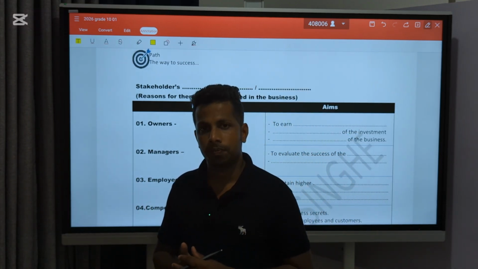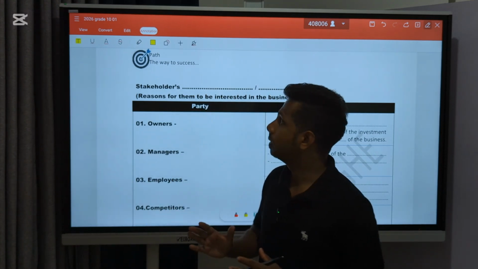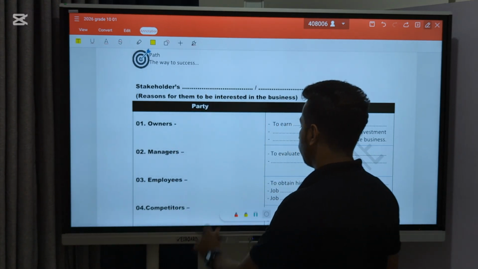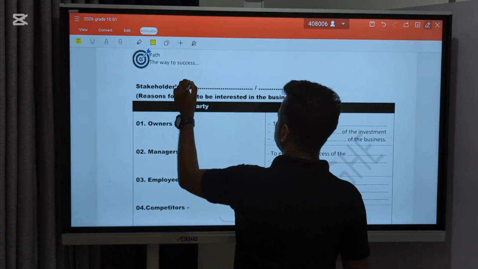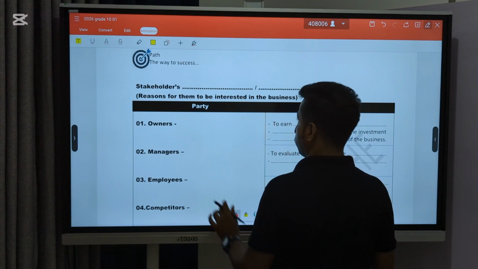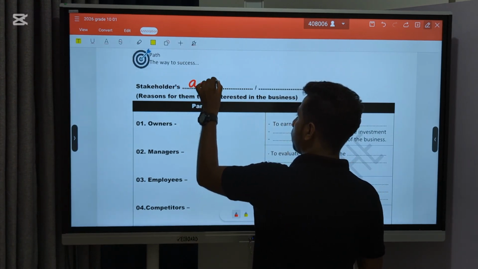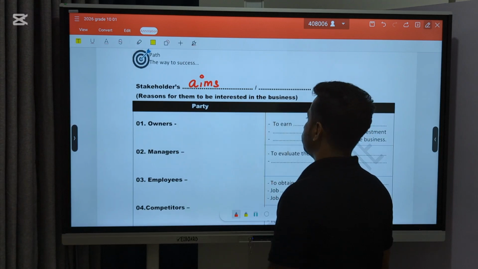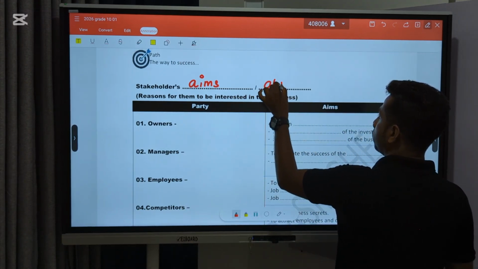These are called objectives of stakeholders, in other words, aims of stakeholders. Now we are going to learn the stakeholders' objectives.